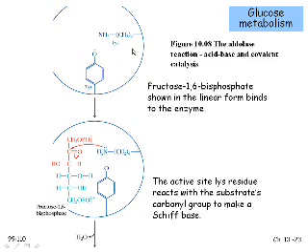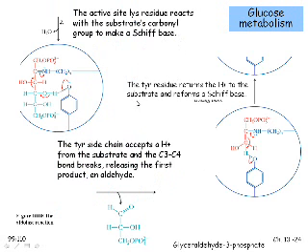Well, some of the catalytic residues in aldolase are a lysine and a tyrosine. The lysine is going to end up becoming covalently attached to the carbon chain, and the tyrosine is going to be acting as an acid base. So here you can see the lysine has been covalently attached to the fructose. And here you see the tyrosine pulling off a proton, so it's acting like a base at that point.